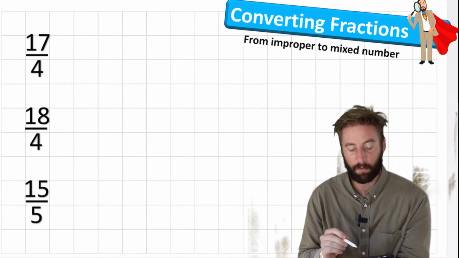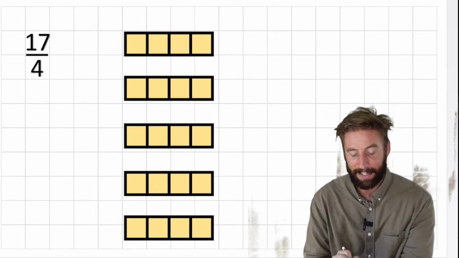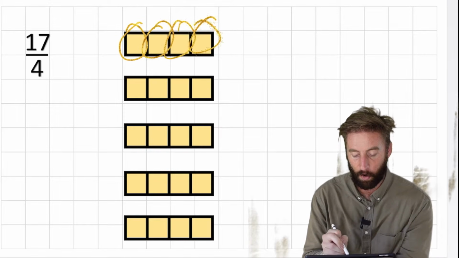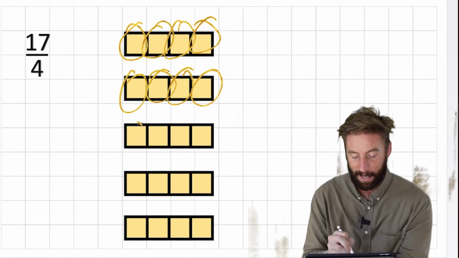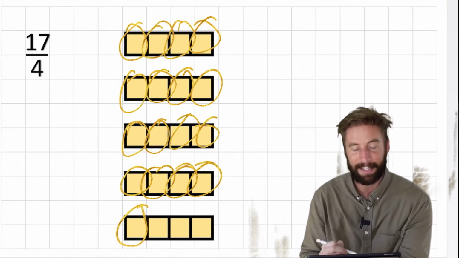So if I look at this first fraction, 17 fourths, what I'm actually saying is that I have 17 quarters. So we could look at 1, 2, 3, 4, 5, 6, 7, 8, 9, 10, 11, 12, 13, 14, 15, 16, 17.